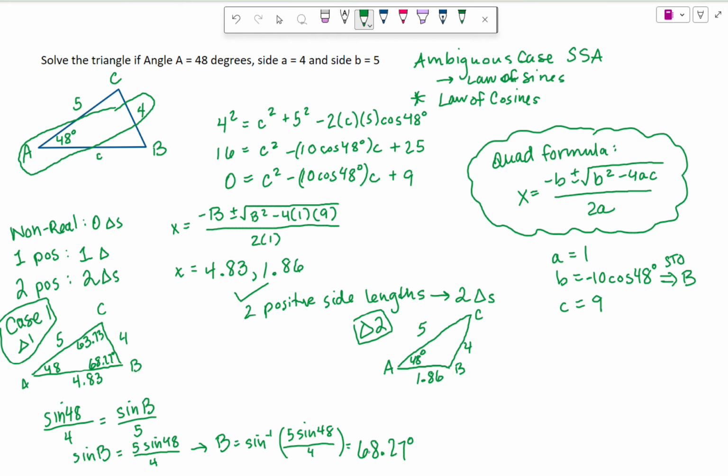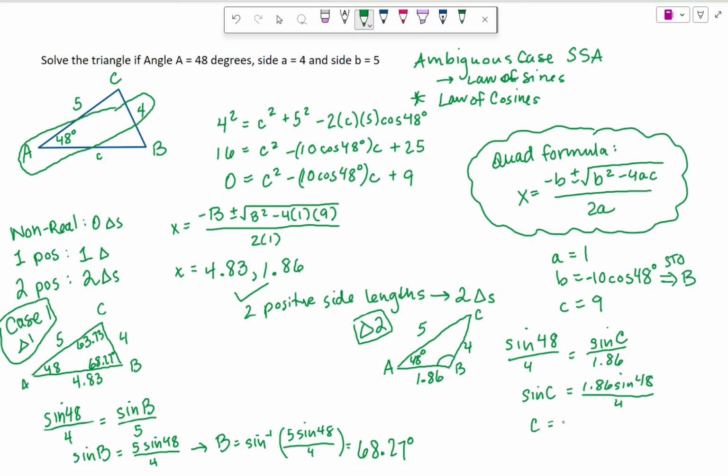I guess angle B, I'd have to get, this is an obtuse angle, so I could get it from subtracting from 180 from this angle. But we're going to see how that works. So we'll do 48 and 4. We'll still stick with the givens. 48 and 4, and then that's going to be equal to the sine of C divided by that 1.86. And then we'll just compare our answer at the end. So we have the sine of C would be 1.86 times the sine of 48, all divided by 4.